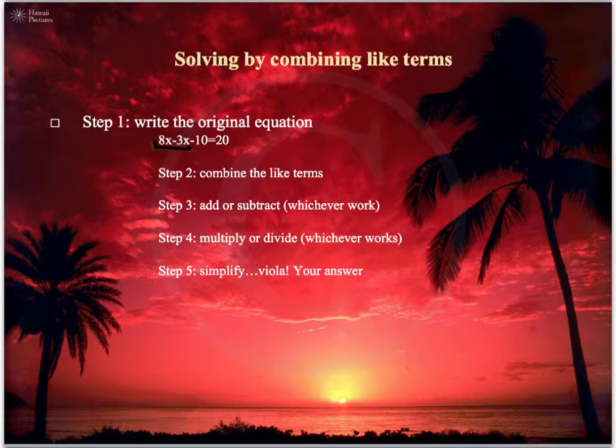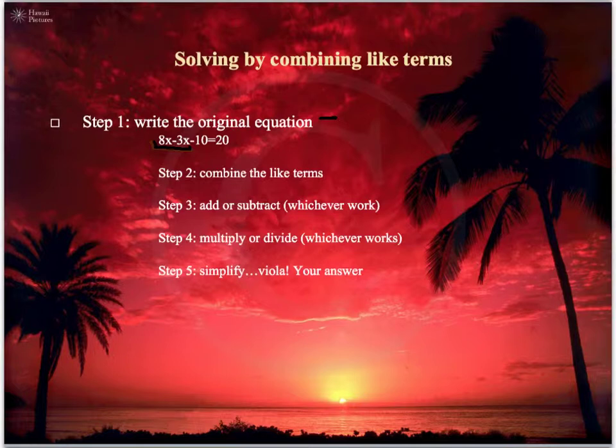So, step 1, write down our original equation. I know that people like to try to do these things in their head, but you need to write the equation down because they're going to become increasingly more challenging. Okay, so our first step is 8x minus 3x minus 10 equals 20.